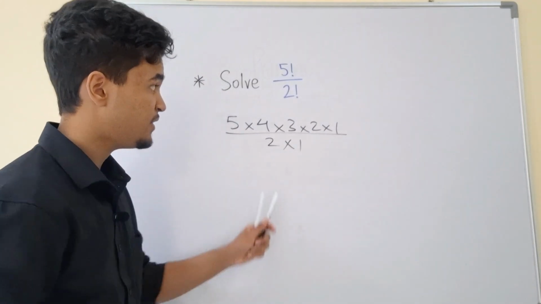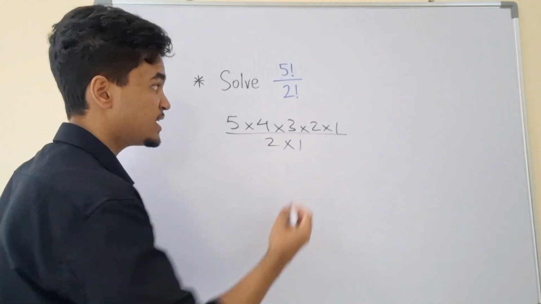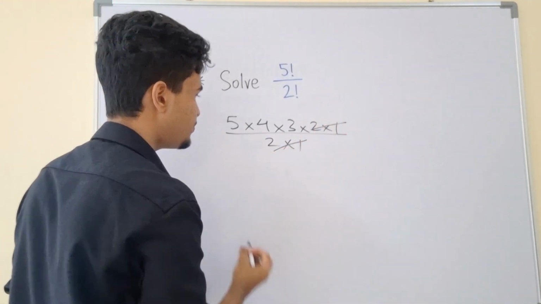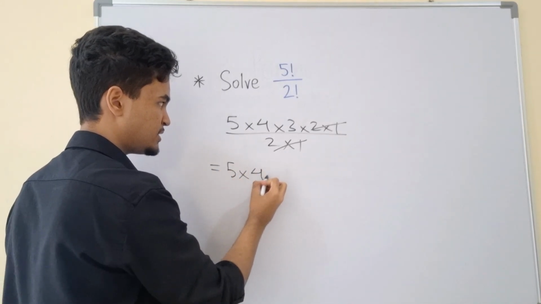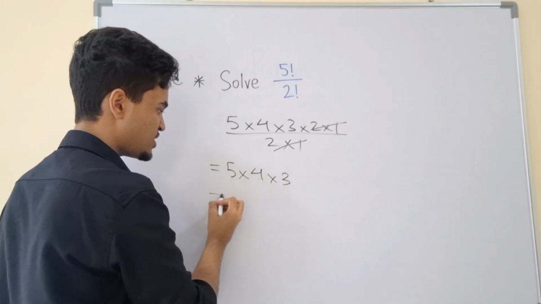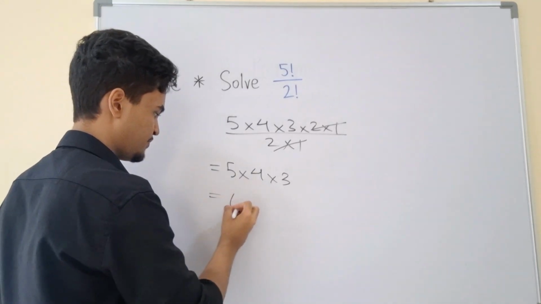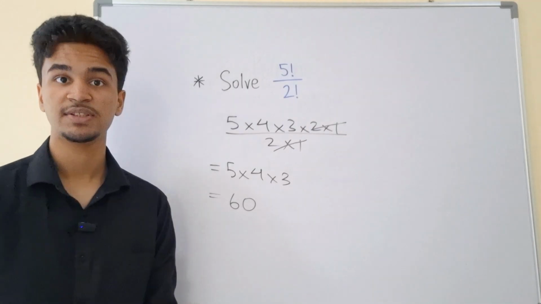As you can see, we have common terms in the numerator and the denominator, which is 2 times 1. So you can cancel these, and you're left with 5 times 4 times 3, which is 5 4s are 20, 20 3s are 60. So 5 factorial over 2 factorial is equal to 60.